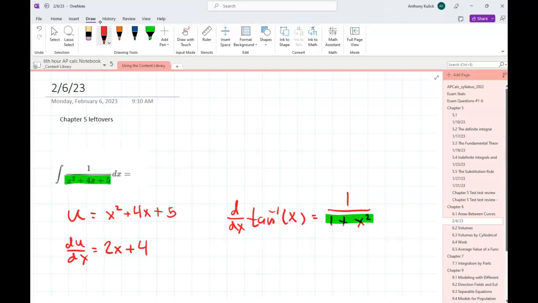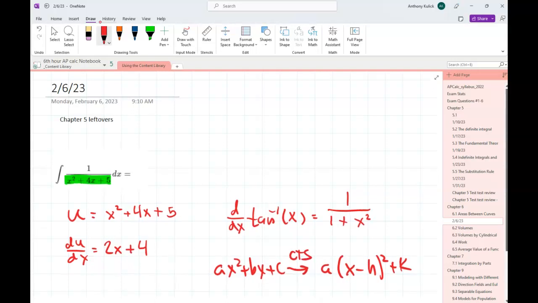Completing the square is what we're going to be using. Very good. So remember, what completing the square does is it allows you to take some quadratic in this form and rewrite it as some quadratic in that form. That process was completing the square.